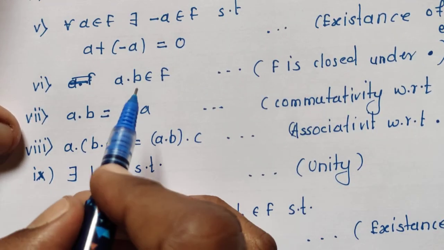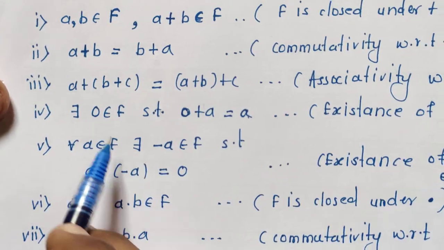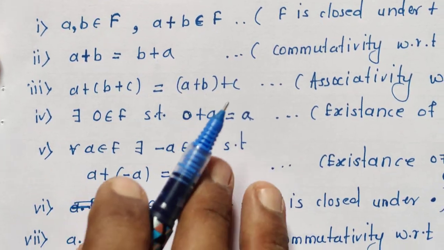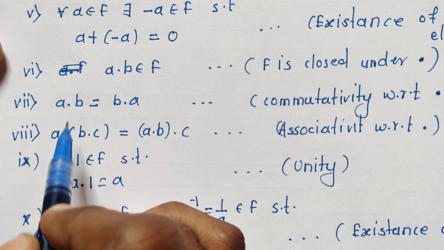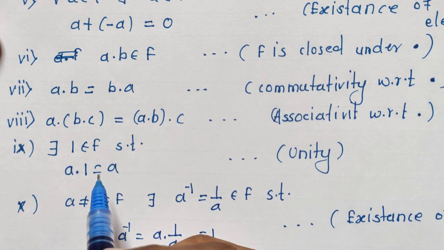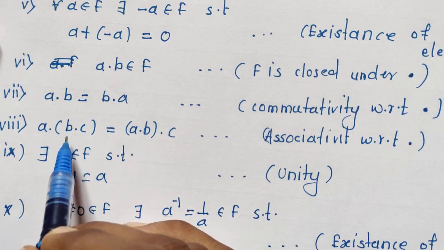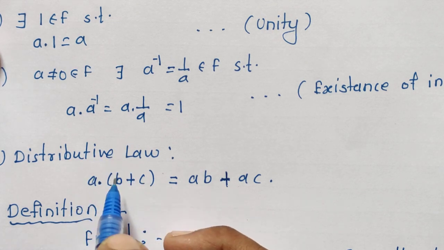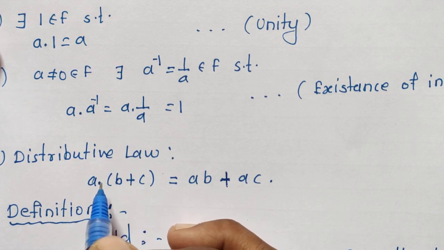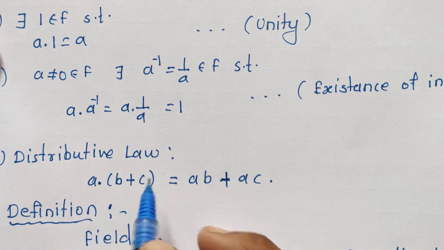In the first 5 properties we have seen the operation addition, and in the next 5 properties, 6, 7, 8, 9, 10, we have seen the operation multiplication. In the last property, the 11th, the distributive law, we have seen multiplication as well as addition together.